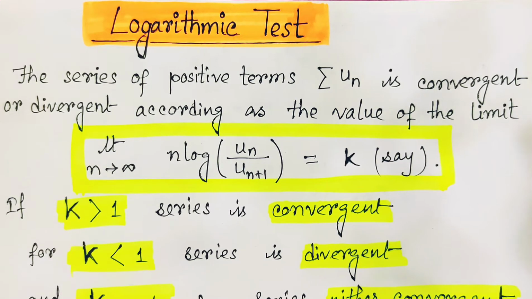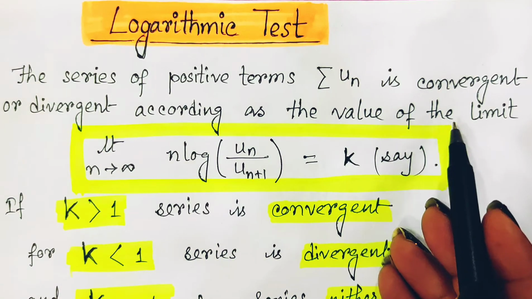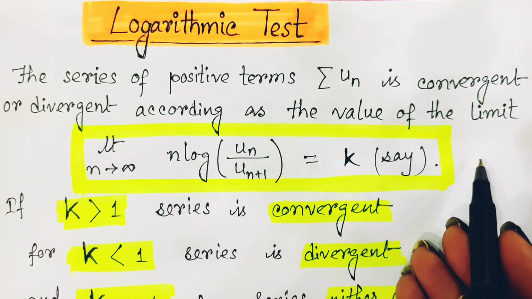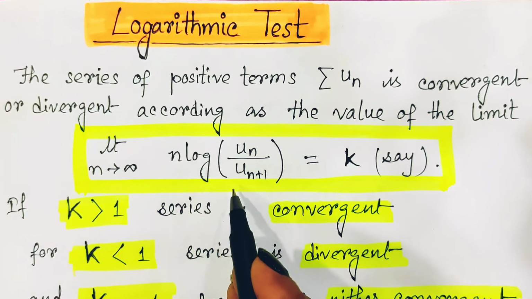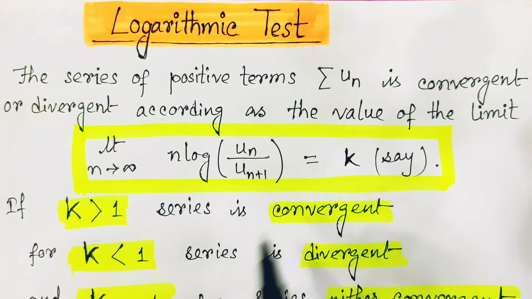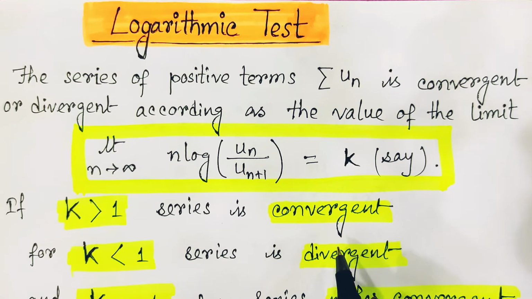The same way as the previous test, the series of positive terms un is convergent or divergent according as the value of the limit as n tends to infinity of n log un divided by un plus 1 is equal to k. If this k value is greater than 1, then the series is convergent.